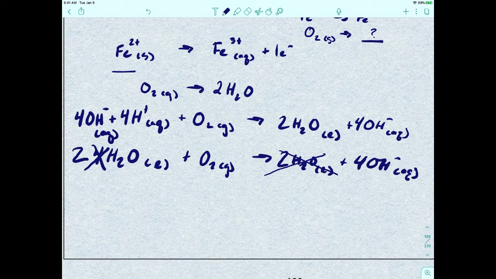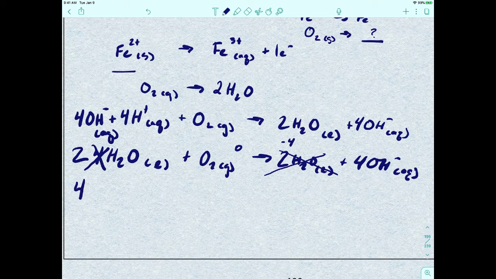All right. Now, here's where it gets interesting. If we check our charges, on the left-hand side, we've got 0. On the right-hand side, we've got -4. So what we're going to have to do is add 4 electrons on the left-hand side to balance out the right-hand side.